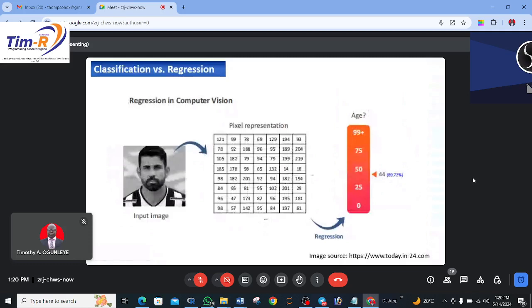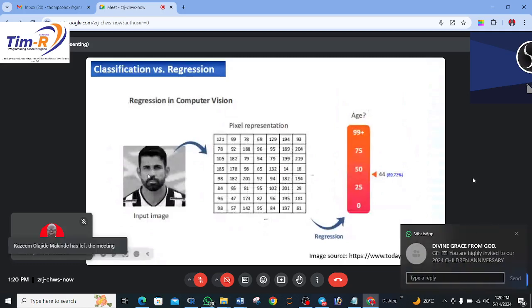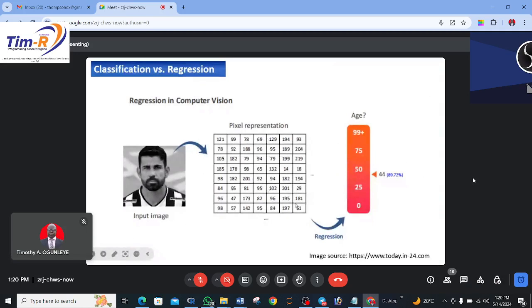Now, for regression in computer vision, if we take this input image and turn it into a pixel representation, regression actually has to do with trying to predict the age of this person, because that's one thing regression can do for us.